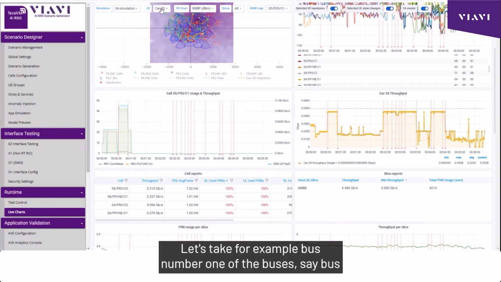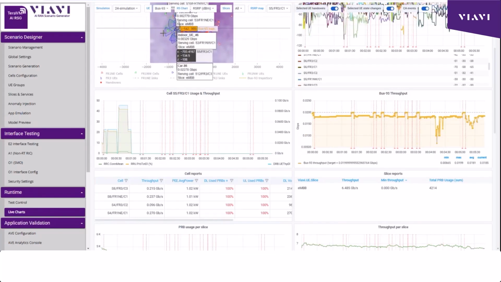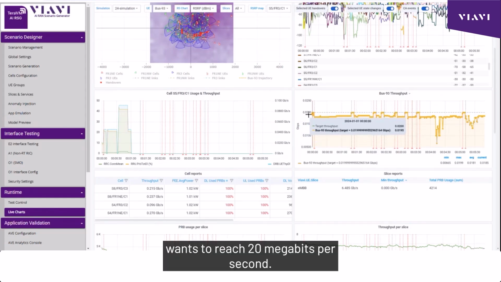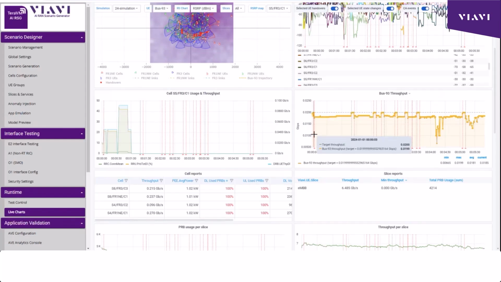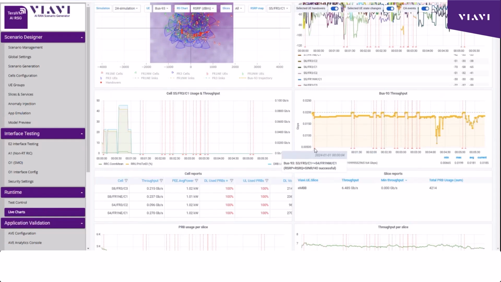Let's take, for example, one of the buses, say bus number 93. So what happened here? The bus actually has lower ambition. It only wants to reach 20 megabits per second. Here it was using the FR3, and at some point it handed over from FR3 to FR1.